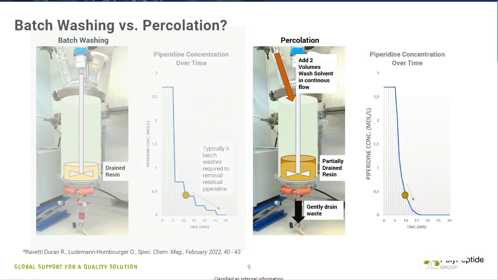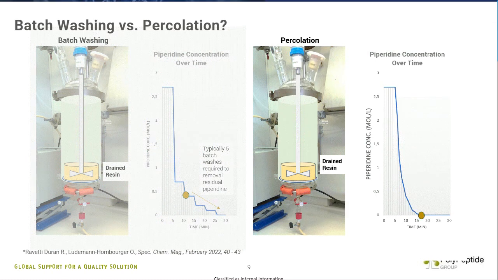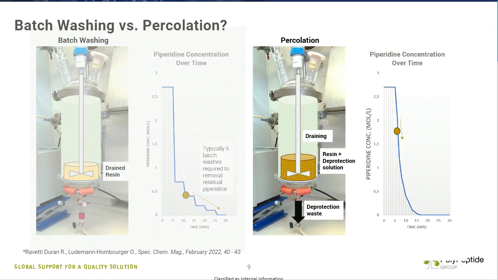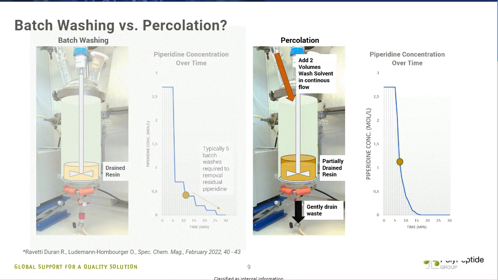This is a standardized test that is actually quantified. I can't go too much into the details about how we do that, but we really minimize the amount of piperidine that we have after our deprotection, just for this exact reason. So I don't think it's the trace piperidine that is really the root cause of the endo impurities.